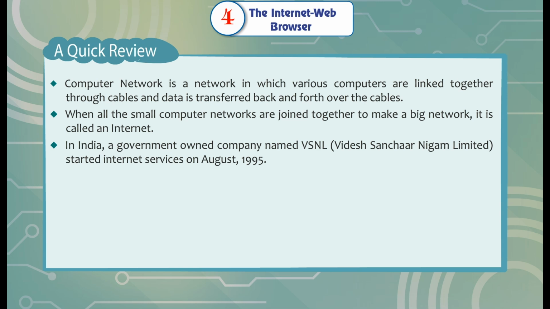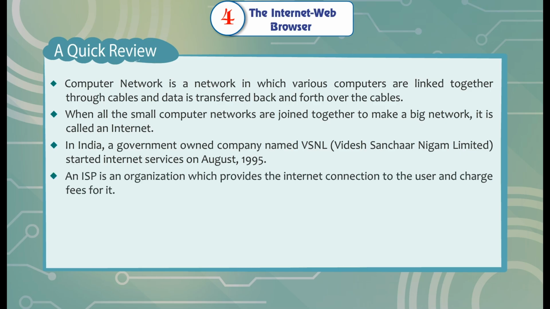In India, a government-owned company named BSNL, Videsh Sanchar Nigam Limited, started Internet services in August 1995. An ISP is an organization which provides the Internet connection to the user and charges fees for it.